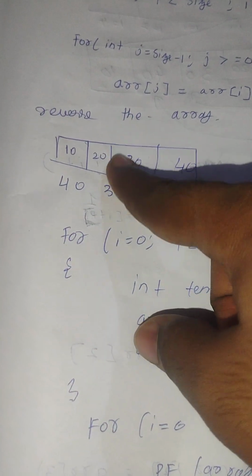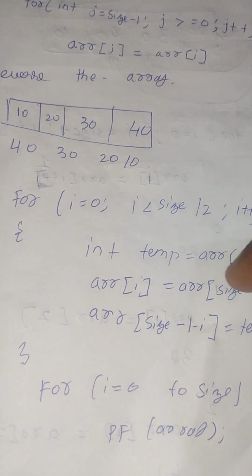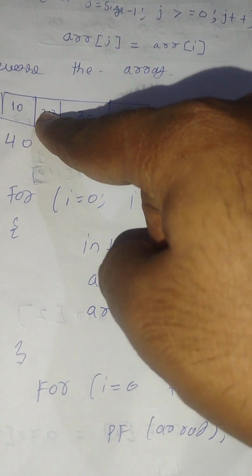As the same, it's going to check the second value also, the 20th value. So the 20th value is going to be stored in this temp variable.